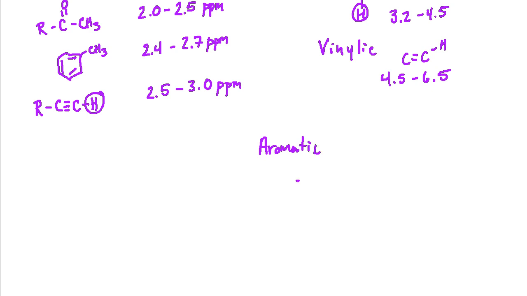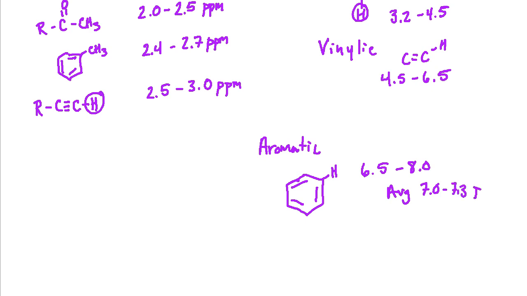So with the aromatic, when you've got the ring here, if you have hydrogens directly on the aromatic ring, there's going to be serious deshielding going on, and these can range anywhere from 6.5 all the way up to 8.0. And I will just note that the average that you're usually going to see these is somewhere around a 7.0 to a 7.3 ppm. Okay, so that's most common.